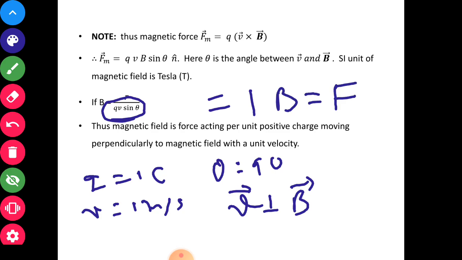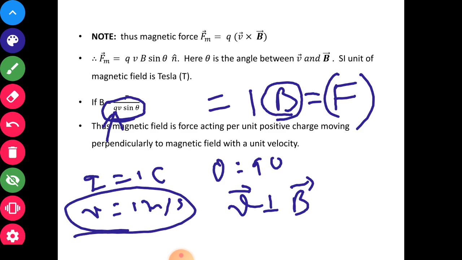So we can say the magnetic field is nothing but the force per unit charge acting on a charged particle which is moving perpendicularly to the magnetic field with unit velocity. Everything in the denominator I made 1, unity.